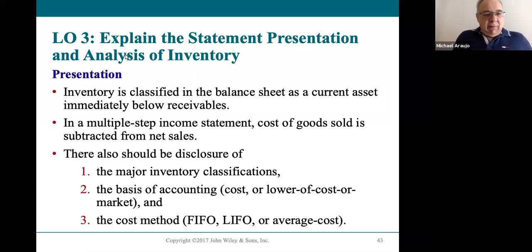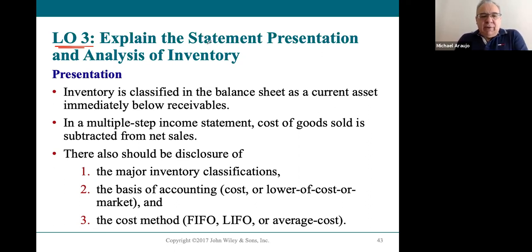Okay, so welcome to Learning Objective 3 in Chapter 6, which really talks about two things, and they're relatively easy to understand. So this shouldn't take us too long to get through.